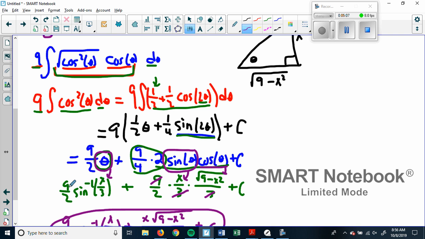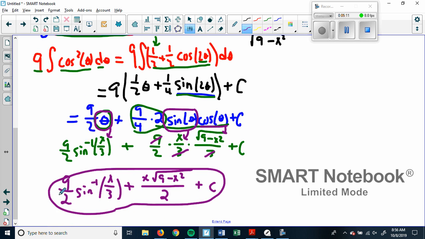And so we get 9/2 times sine inverse of x over 3. And if I put all of that together, this is my solution. I went through that kind of quick because I had it all written out already. So if that doesn't make sense, please ask in class, pause the video, rewind it, whatever you need to do.